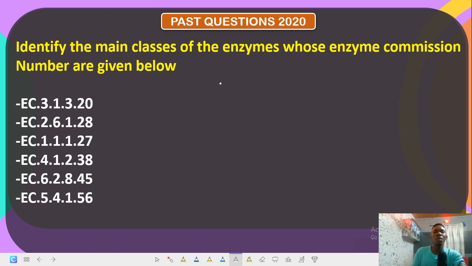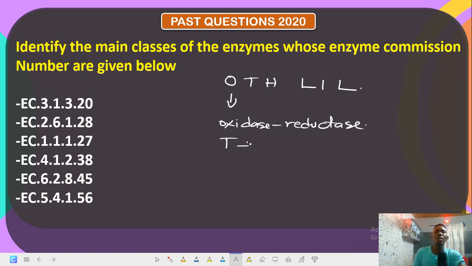The enzyme commission classes you can remember as O, T, H, L, I, L. O is the first one, which means oxidoreductase. T means transferase. H means hydrolase.